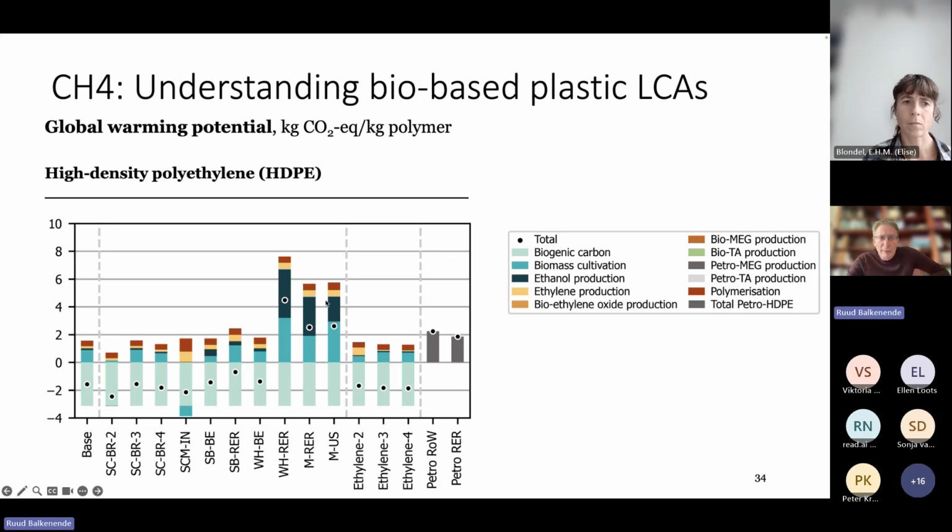And this is especially related to the energy mixtures that are used during all kinds of processing. Note also that the values are sometimes negative, so the net value is negative. That is because carbon is stored in the plastic.